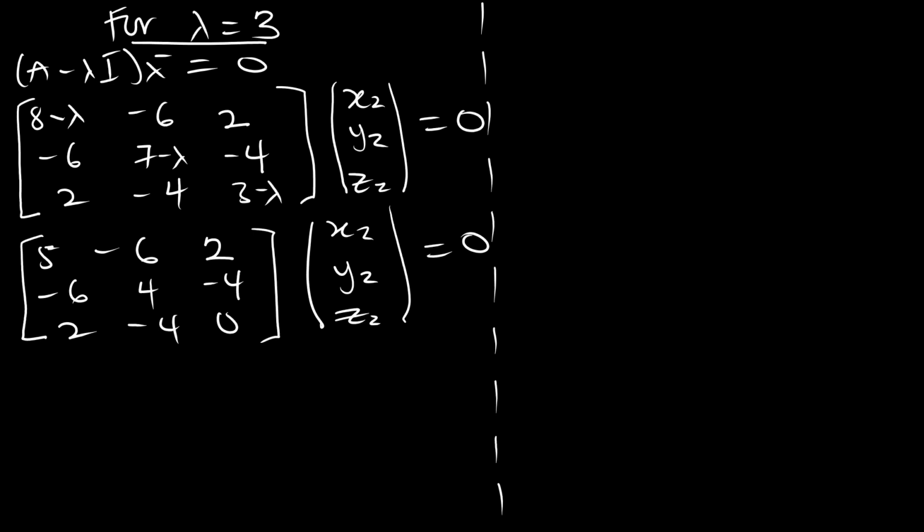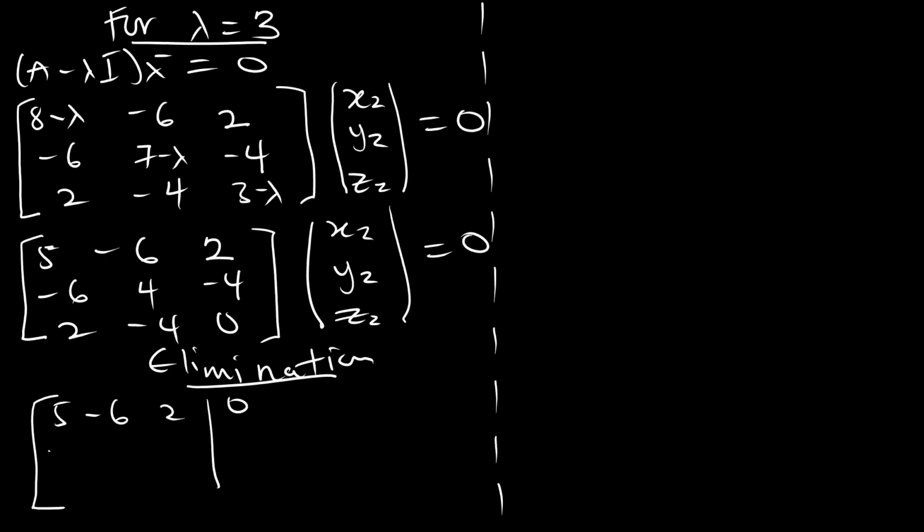So we'll start with the elimination and see how to go by it. I'll write it 5, negative 6, 2 equal to 0, negative 6, 4, negative 4 equal to 0, and 2, negative 4, 0 equal to 0.